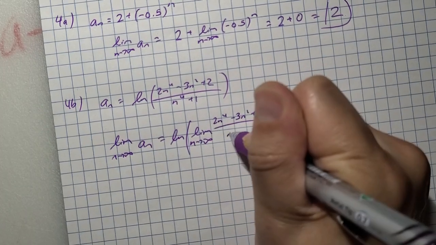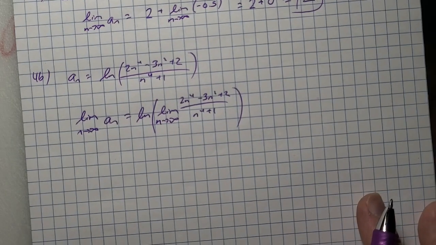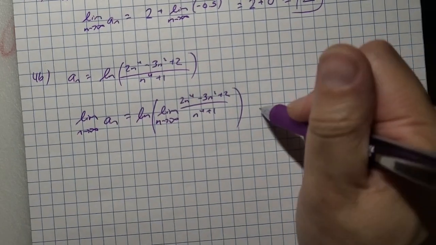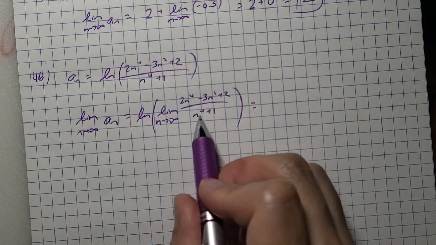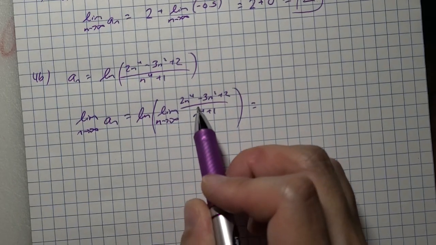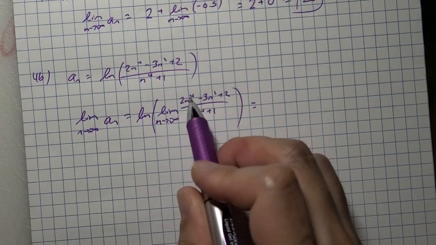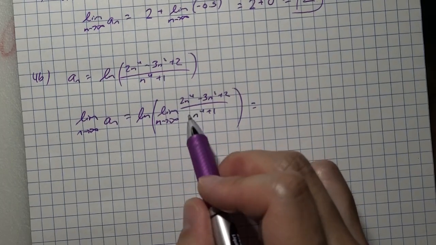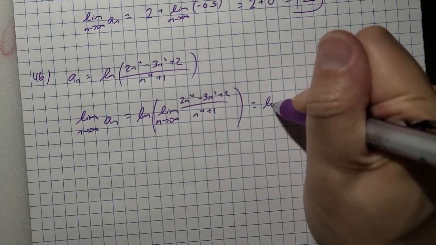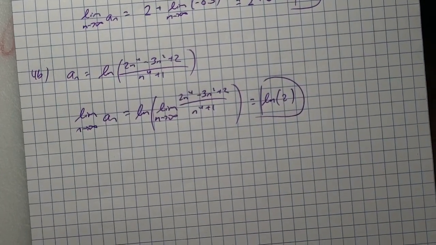How do we find the limit of the inside? Well, you can do L'Hopital's rule, that's fine. You also can remember this is just a horizontal asymptote. So we do the degree test, the degrees are the same. Take the ratio of the leading coefficients, that's just 2. So ln of 2 would be what it converges to.